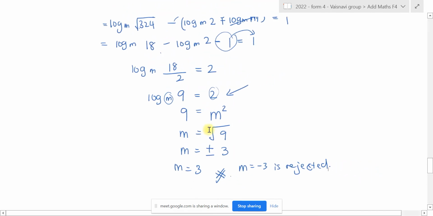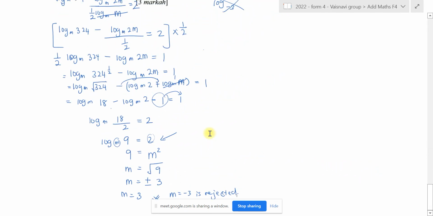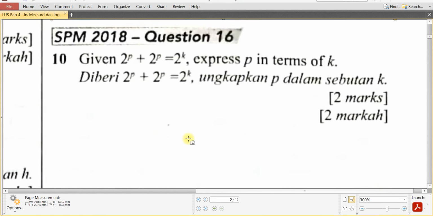Okay, that is how you solve this equation. Quickly copy this. Done, sir. Okay, let's move on to the next question.